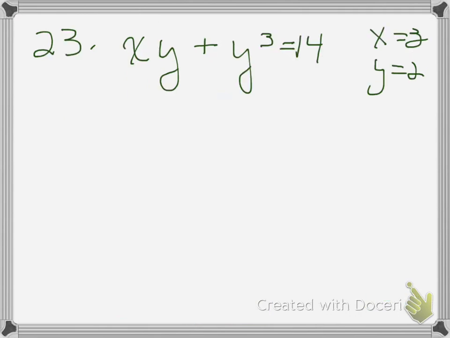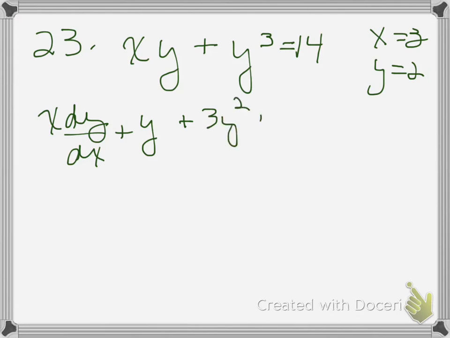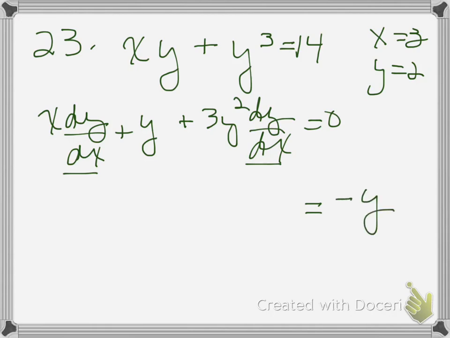Okay, 23. I say I have the product rule right from the beginning. So I say left, d right, plus right, d left, which is just 1, plus 3y squared dy/dx equals 0. I have dy/dx in 2 places. So I'm going to bring over the negative y, because it's a positive y on the left.